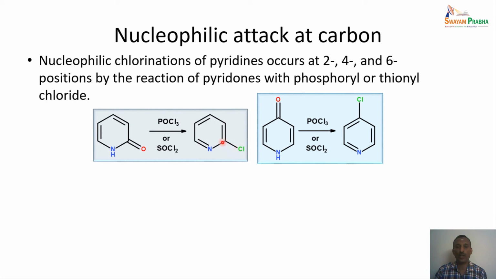The nucleophilic substitution occurs at the 2 position. The hydroxy group here is replaced by the halogen, and when the same is present at the 4 position, we get the 4 halo derivative as shown here. So these are some of the examples of nucleophilic attack at the carbon atom in the pyridine moiety.